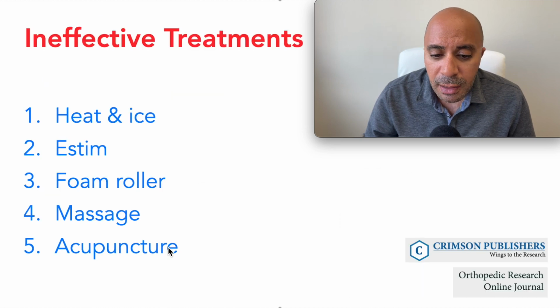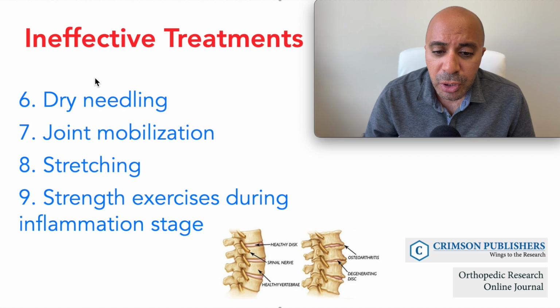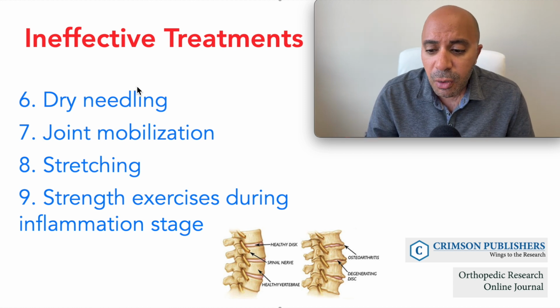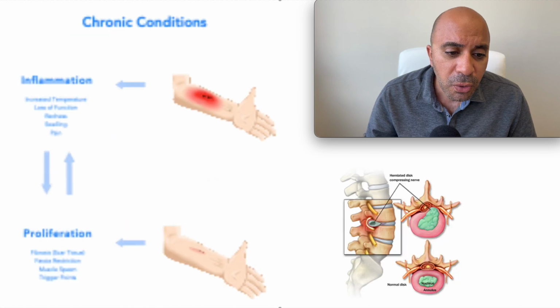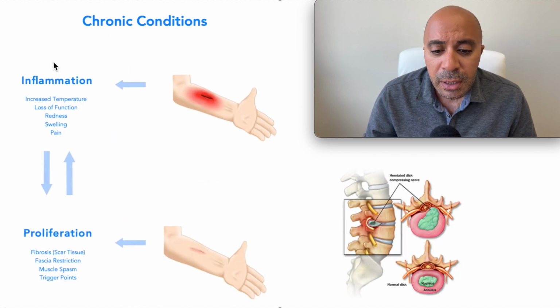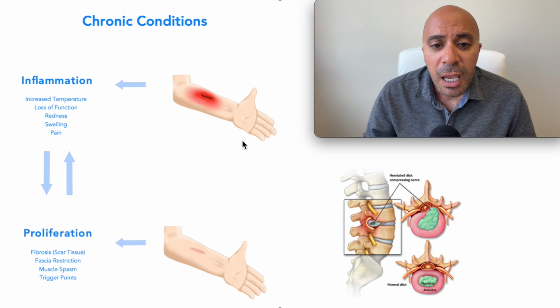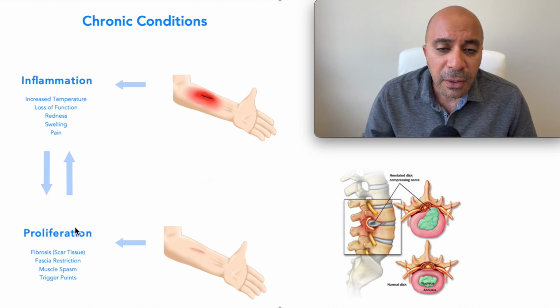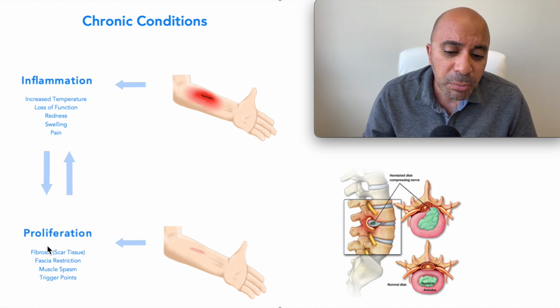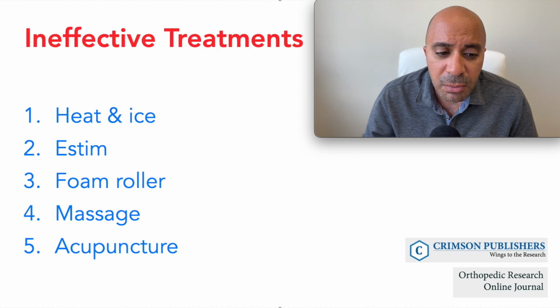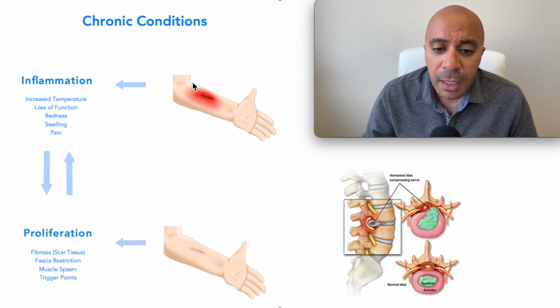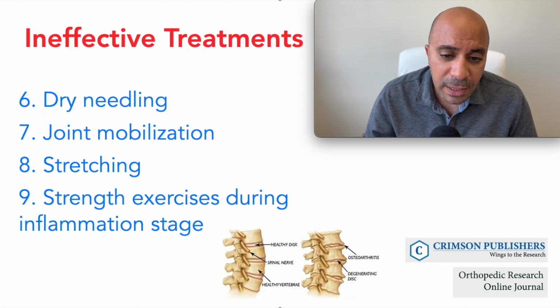Other common treatments are acupuncture or dry needling, using needles on the back area. But if there is no correlation between those treatments and decreasing inflammation, and if you don't have enough targeted mechanical force to address the fibrotic tissue and the fascia restriction, those treatments are not going to address the normal healing cycle effectively.